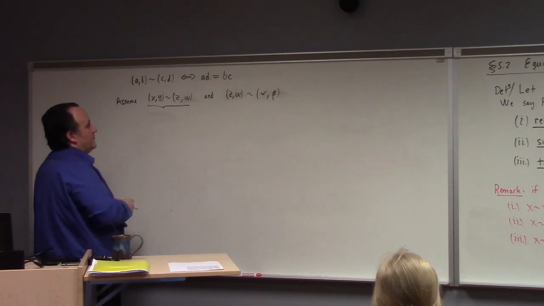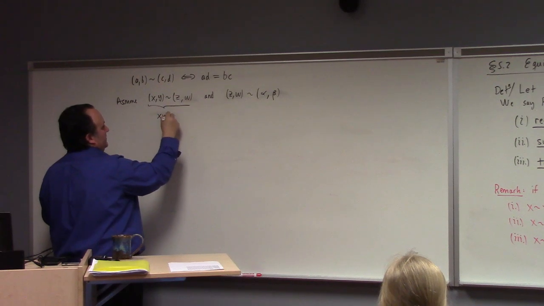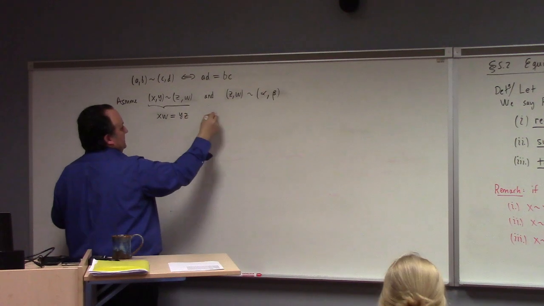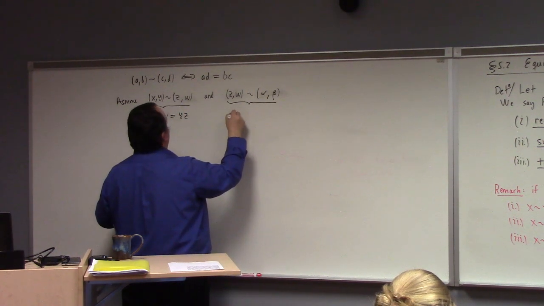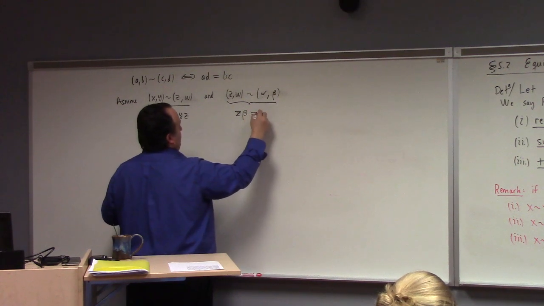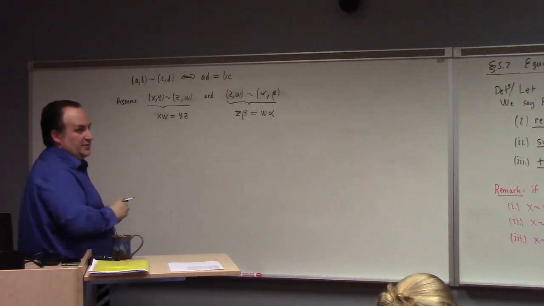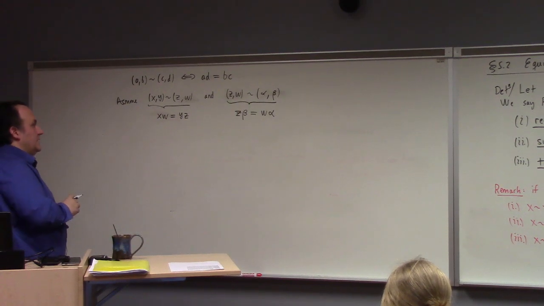So this then gives us what? This gives us X times W is equal to Y times Z. This tells us what? Z times beta is equal to W times alpha. All right? According to my definition. So then what?